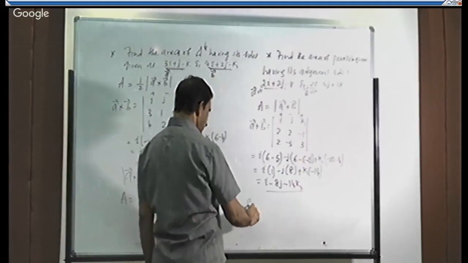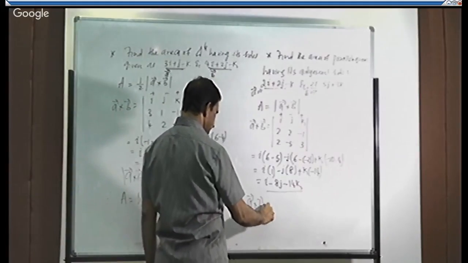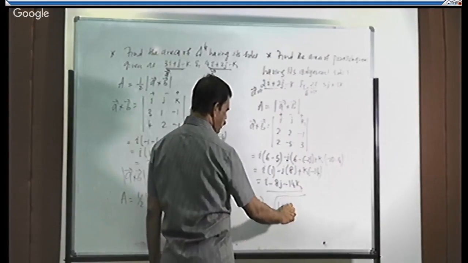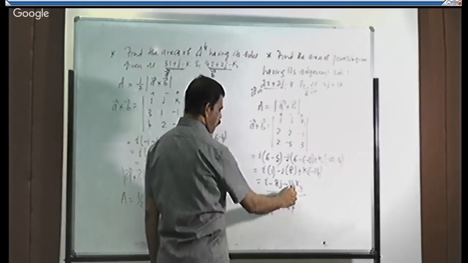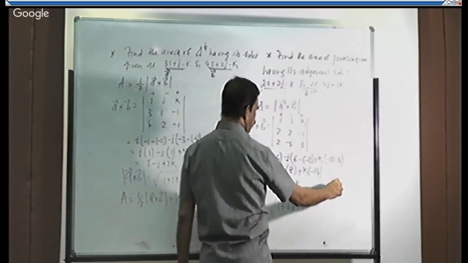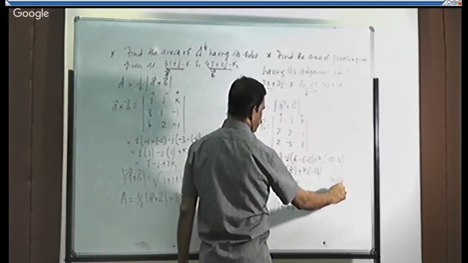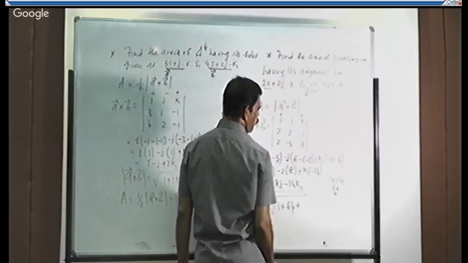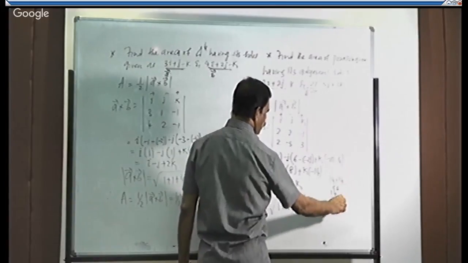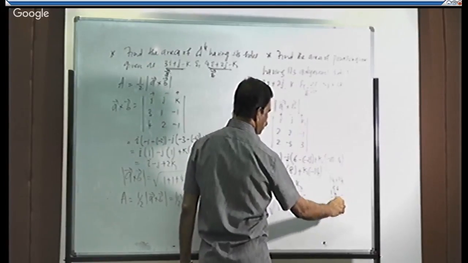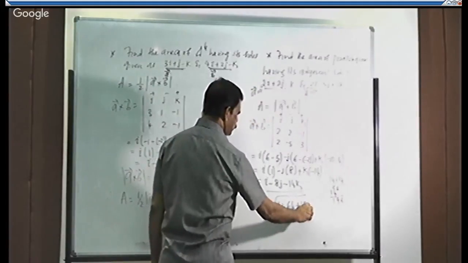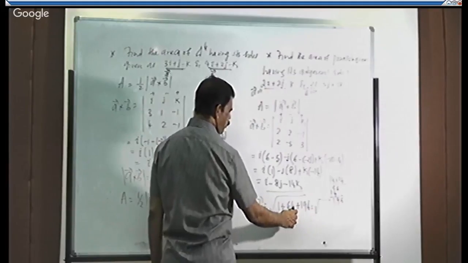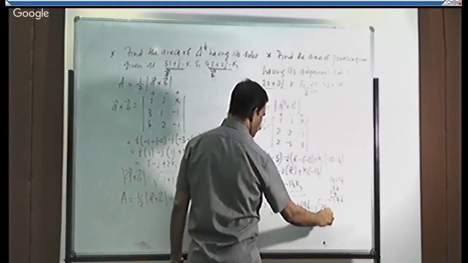Therefore, magnitude of A cross B is equal to root of 1 square is 1 plus minus 8 square, it is 64, plus 14 square, 14 into 14, which is 196. 1 plus 64 is 65, plus 196 is 261.